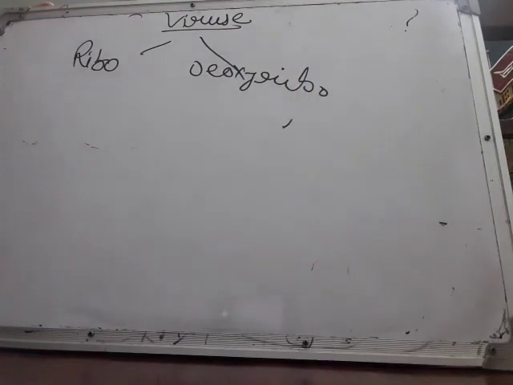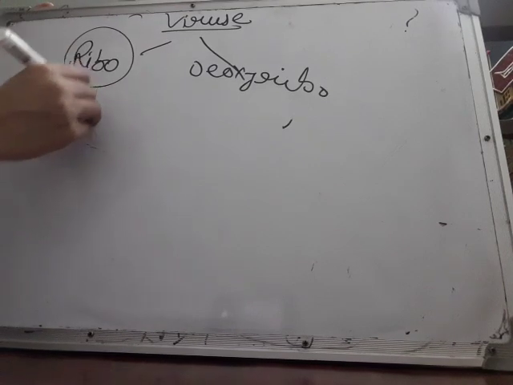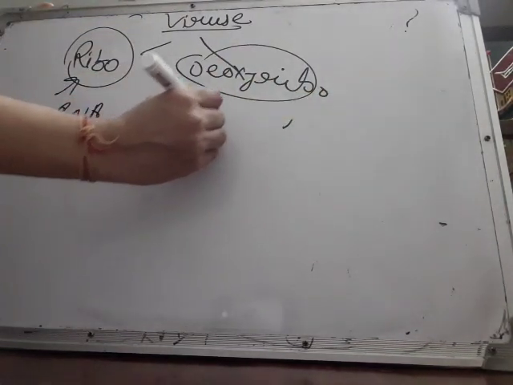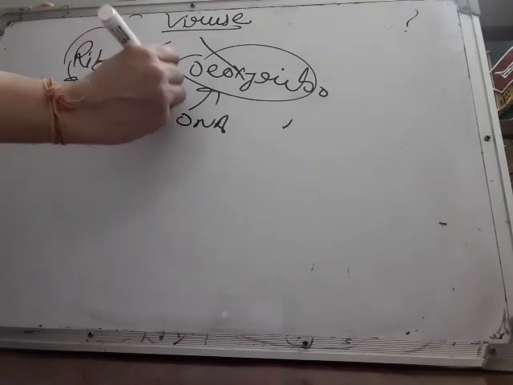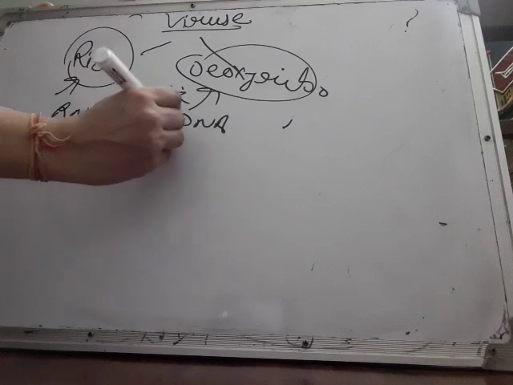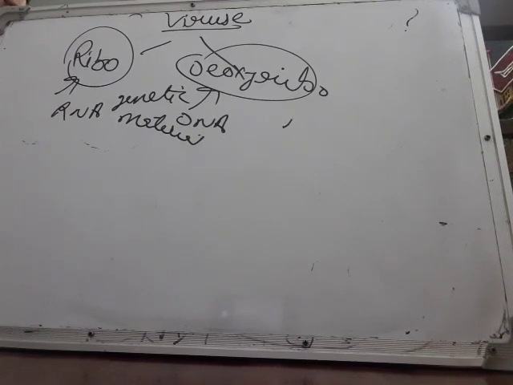What is the difference between both? Ribovirus has RNA as a genetic material, and deoxyribovirus includes DNA as its genetic material. So these are two types of viruses, basically on the basis of genetic material.